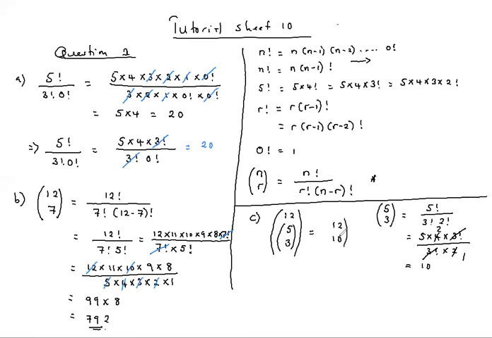choose 10, which is equal to 12 factorial over 10 factorial, 12 minus 10 is 2 factorial. So then we have 12 by 11 by 10 factorial over 10 factorial by 2.